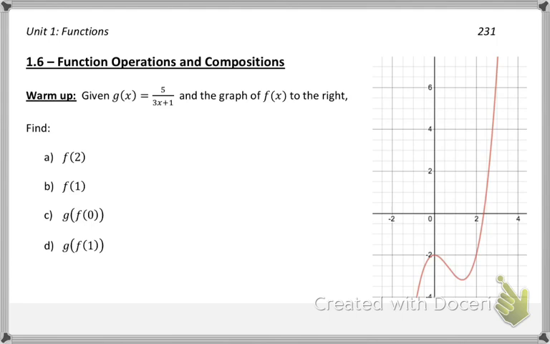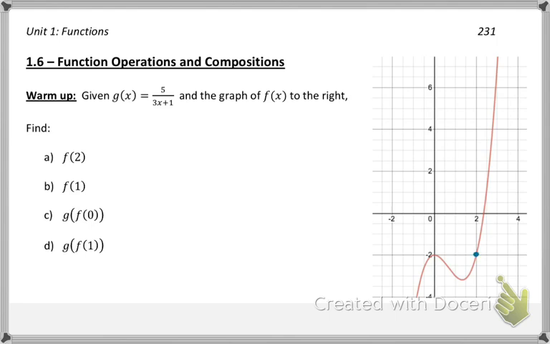Right, so f of 2. You're given g of x, the function 5 over 3x plus 1, and you have f of x, which is the graph on the right, and you are trying to evaluate what f of 2 is. So I'm looking for, if I put 2 in for x into the f function, what is my output? Looking at my graph, when x is 2, y is at negative 2.